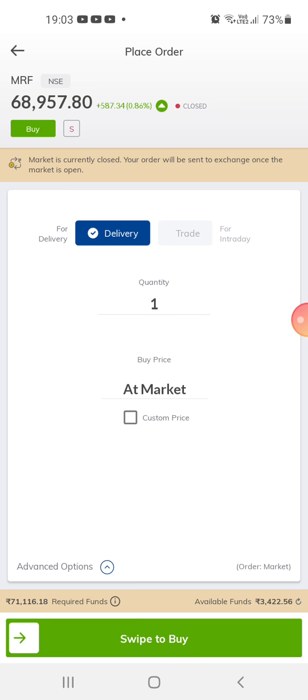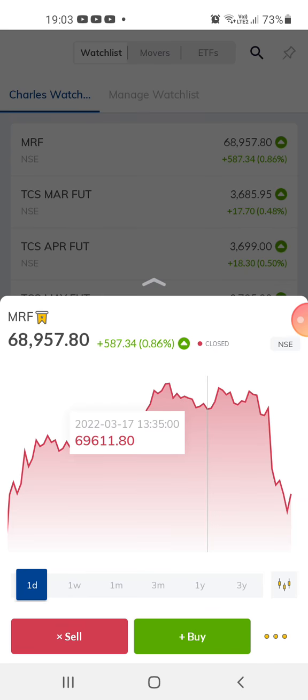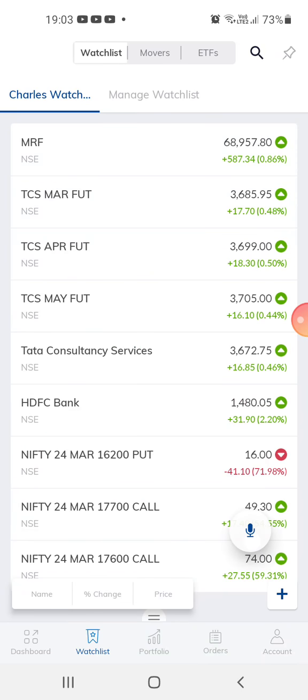So buy means delivery of the share. You'll get a delivery of the share to your demat account, and trade is you just trade during the day. It's about 13,805. So that is a little bit of the basics of the stock market.